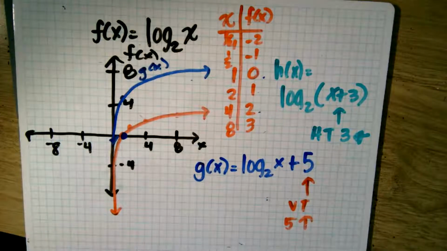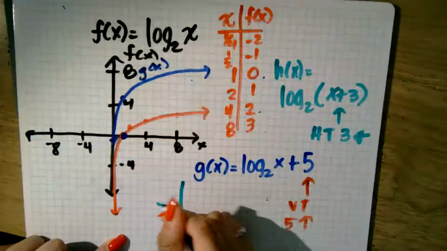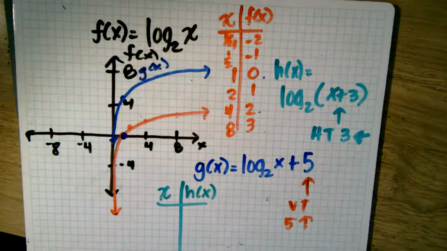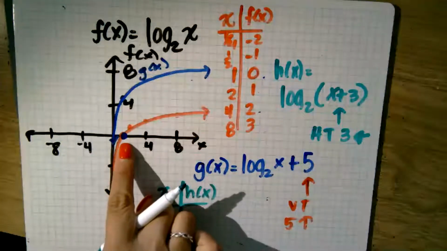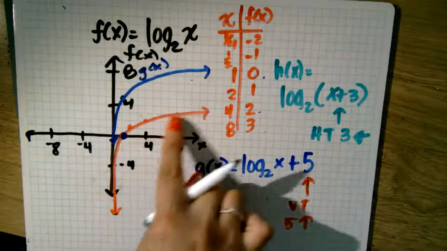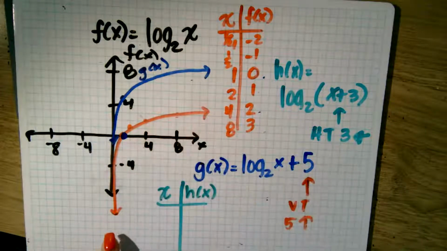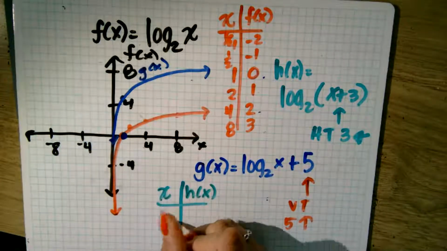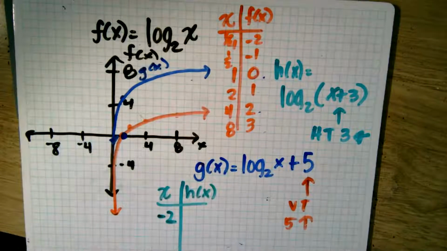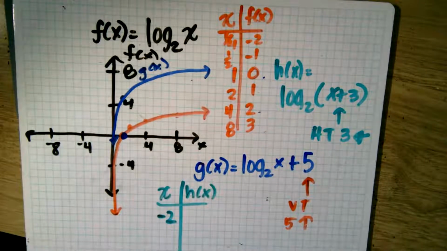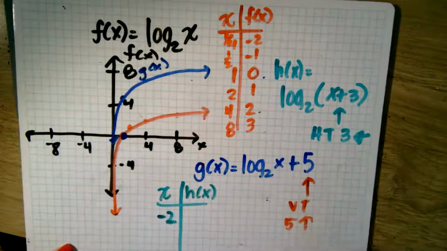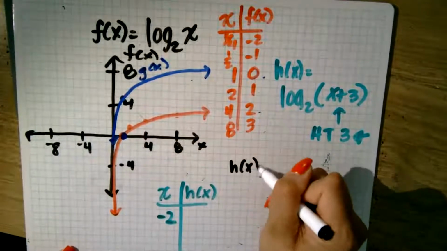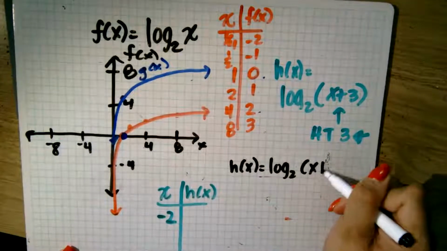So let's go ahead and make a table of values: x, h of x. I know that I'm going to be 3 units to the left. Remember, I'm always comparing against my parent function, which is f of x equals log base 2 of x. This one's already transformed. So I'm going to pick -2 as my input. h of x equals log base 2 of x plus 3.